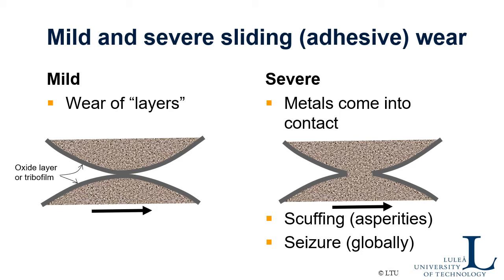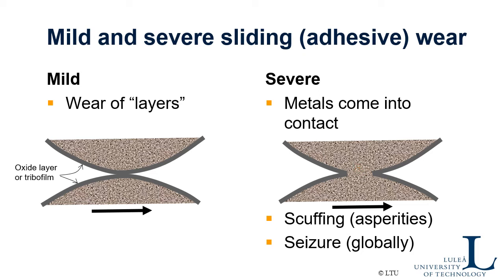So you have some kind of micro welding. If this is two asperities, the two asperities micro weld, and then when sliding takes place, they are ripped off, and you have some damage of the asperity of the surface.